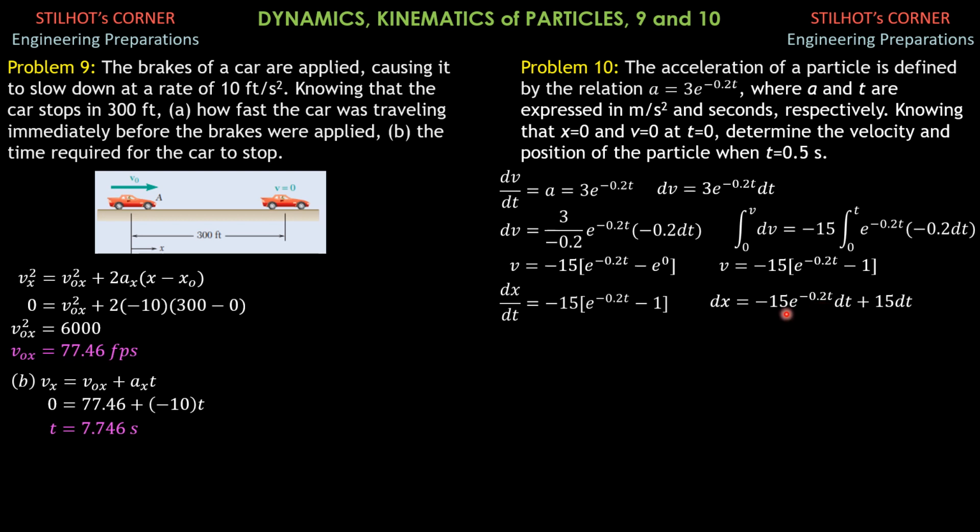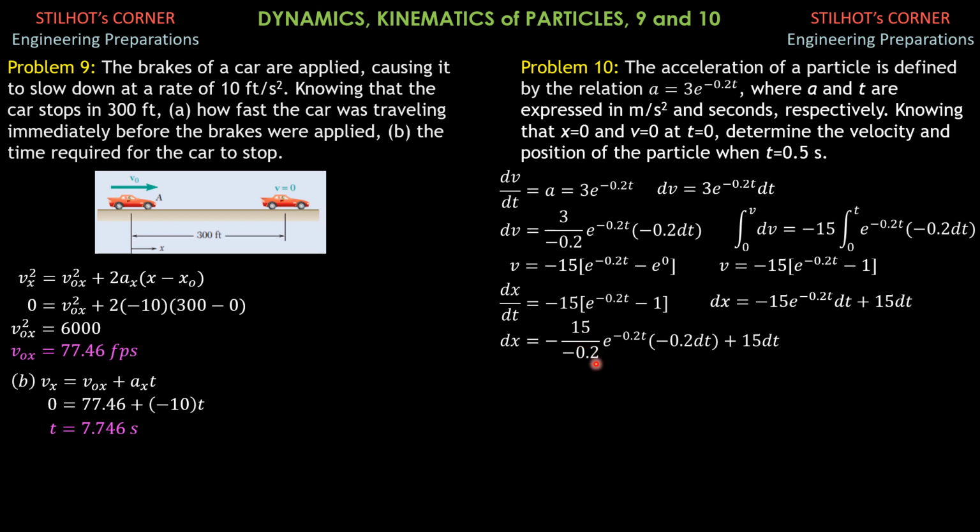And before we evaluate the integral of this first term on the right side, we divide by negative 0.2 and multiply by negative 0.2 also to set up the integral so that it will be in the form e to the u du. So dx is negative 15 over negative 0.2 times e to the negative 0.2t times negative 0.2 dt plus 15 dt.